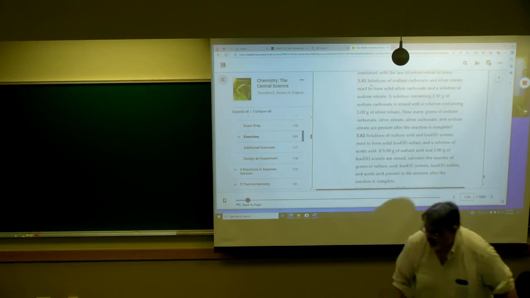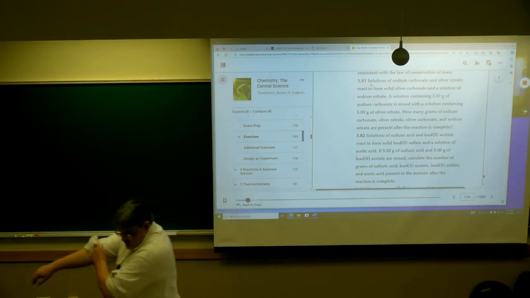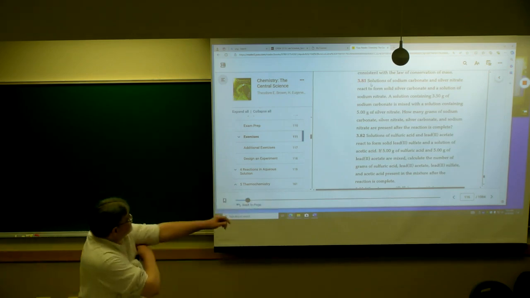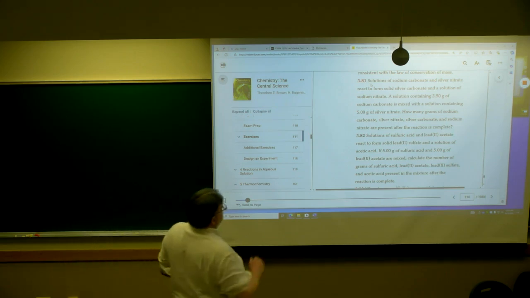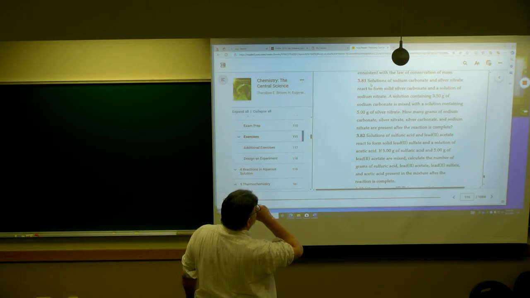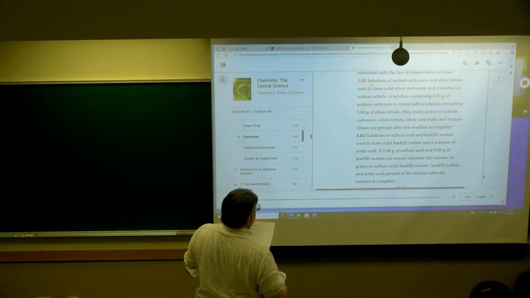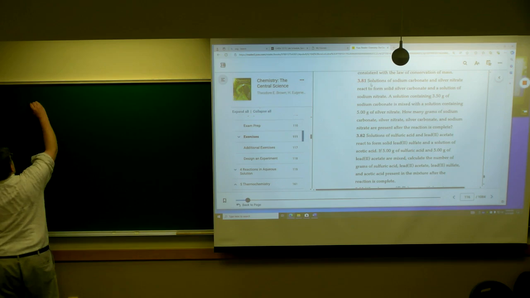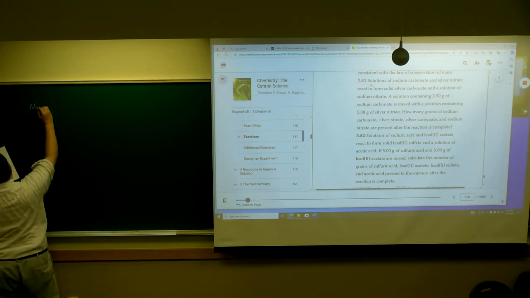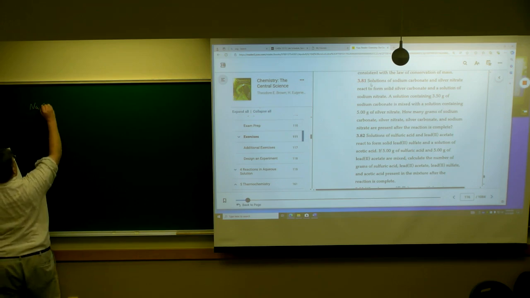So I'll do 381 and 382 here. So this is a limiting reactant problem. So you've got to figure out the limiting reactant and then you can solve it. But I will give you one there. I would say this, Na2.